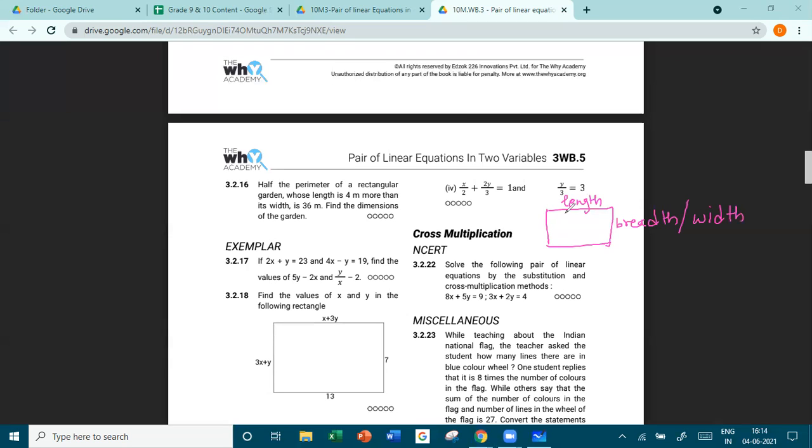And perimeter is basically the sum of all sides, right? Yes, Ryan, you wanted to say something? Okay, maybe my mistake. Does anybody remember the formula for the perimeter of a rectangle? 2(L plus B). Very good, very good.